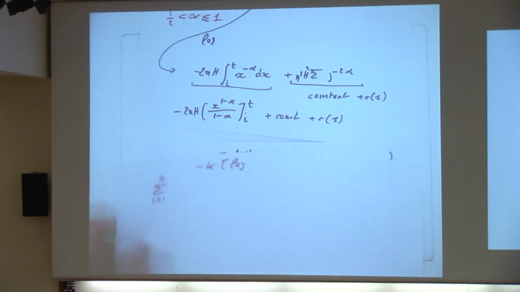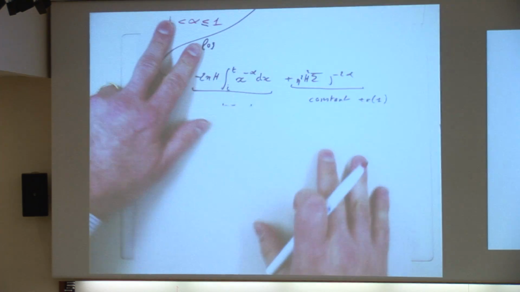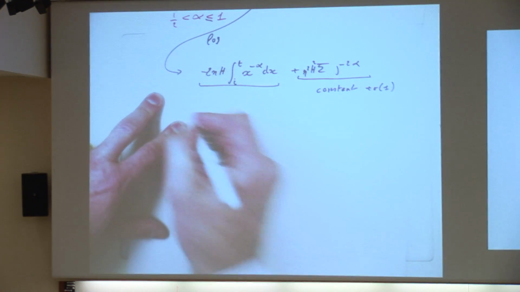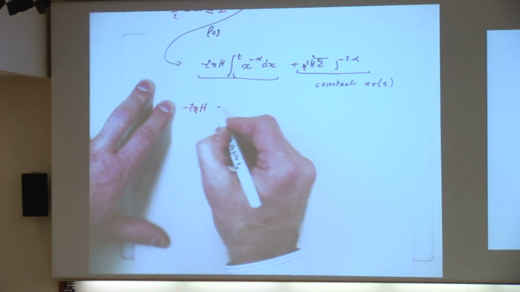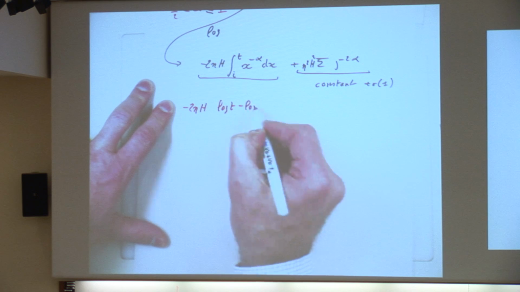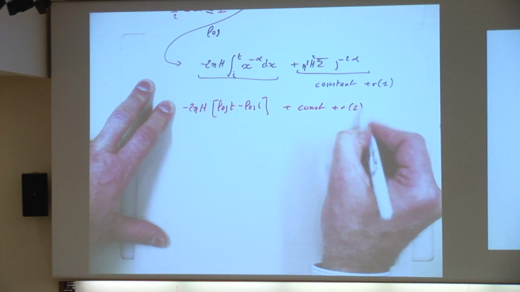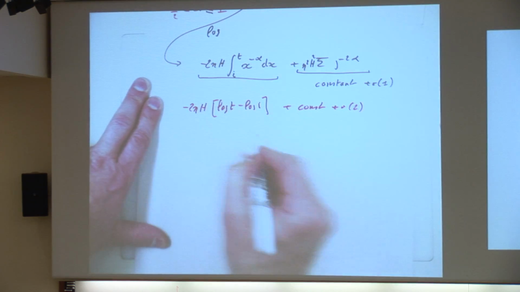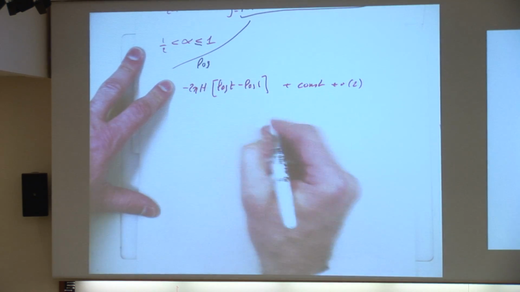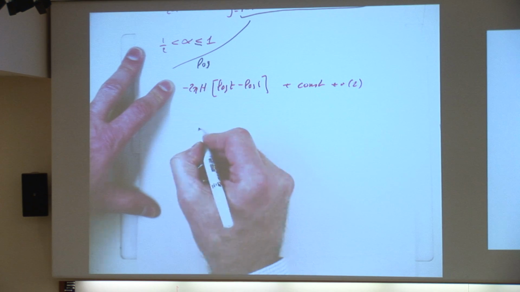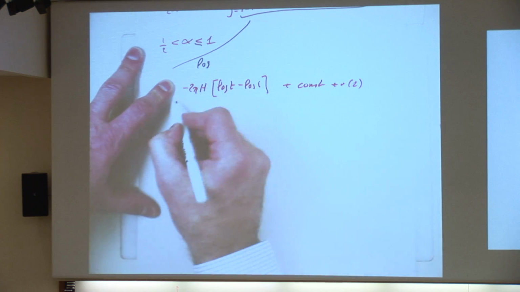So minus 2 eta h log t minus log i plus constant plus O of 1. I take the exponential.